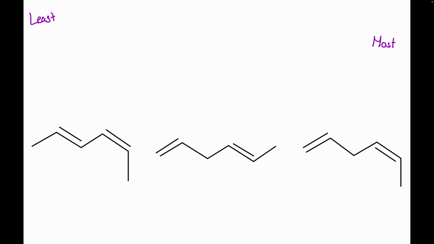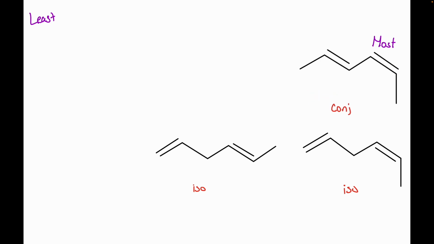All right, so step 1 is that classification. Our first one here is which category? Conjugated. The second one? Isolated. And the last one? Also isolated. All right, so that means that we can put in first place, the most stable, our conjugated diene.